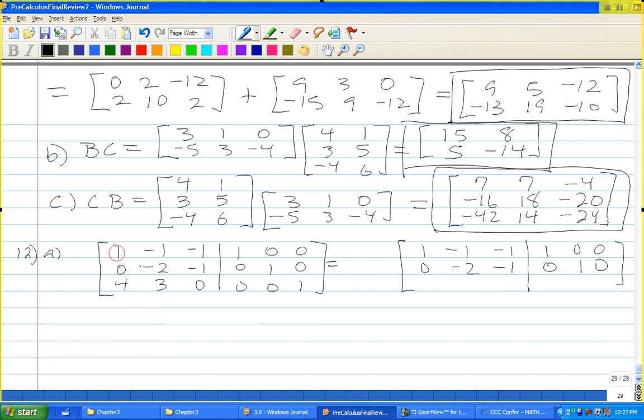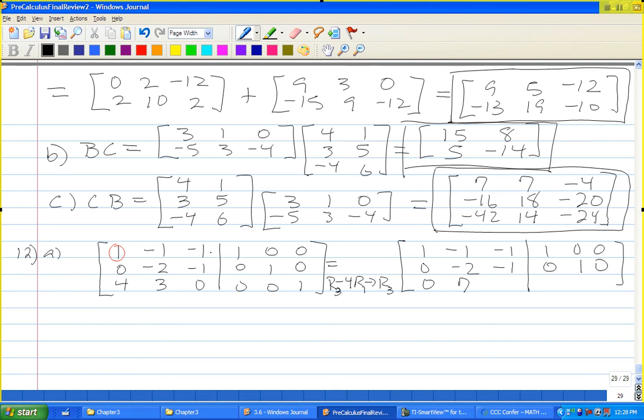Now I want to make this 0, so I'll take row 3, subtract 4 times row 1 to give me a new row 3. Okay, so 4 minus 4 is 0. 4 plus 3 is 7. Uh-oh. 7.